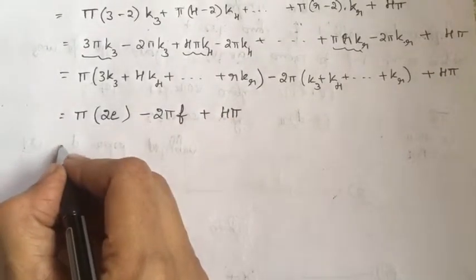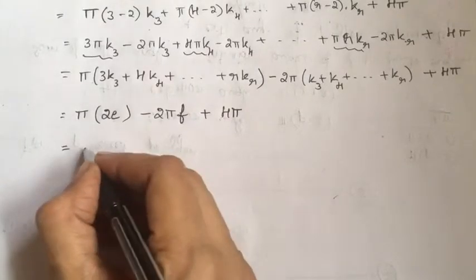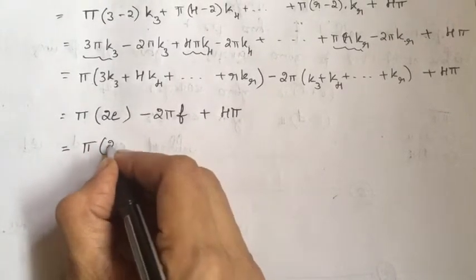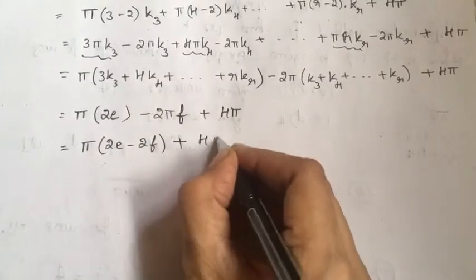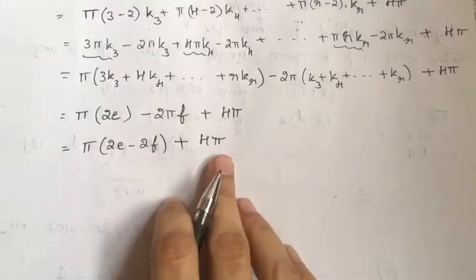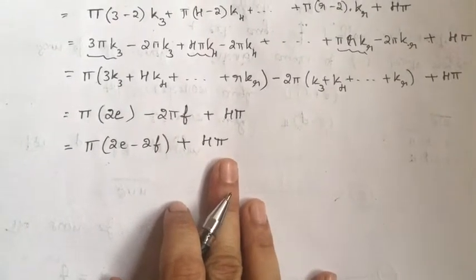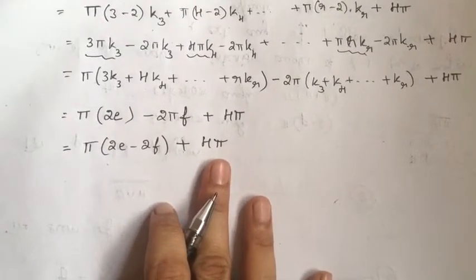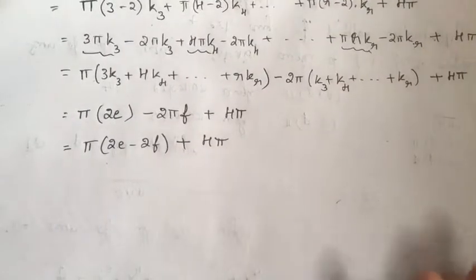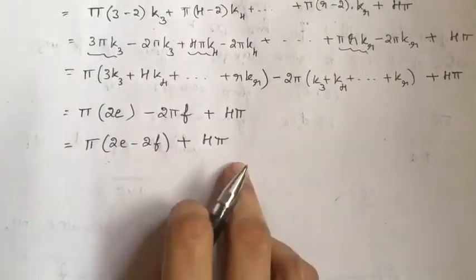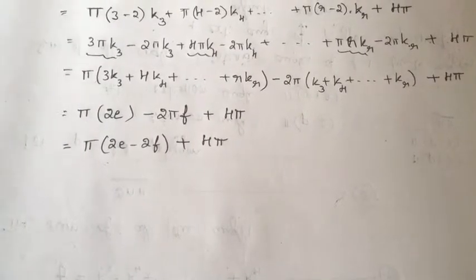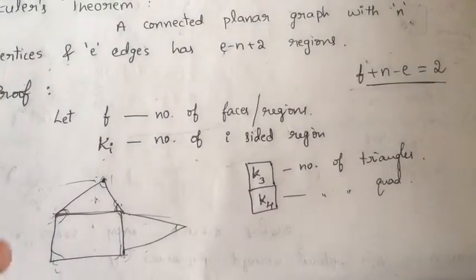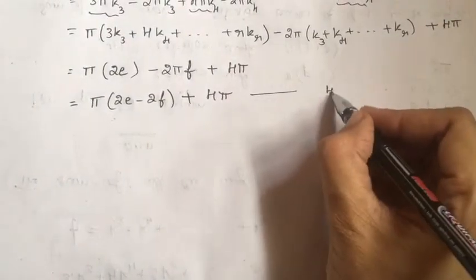So I can rewrite this expression as pi into 2e minus 2f plus 4 pi. Now this is the total angle I have calculated by using the total interior angles plus the total exterior angle. So this must be equal to the total angle subtended at each vertex in the graph, that is 2n pi. I am calling this expression 4.